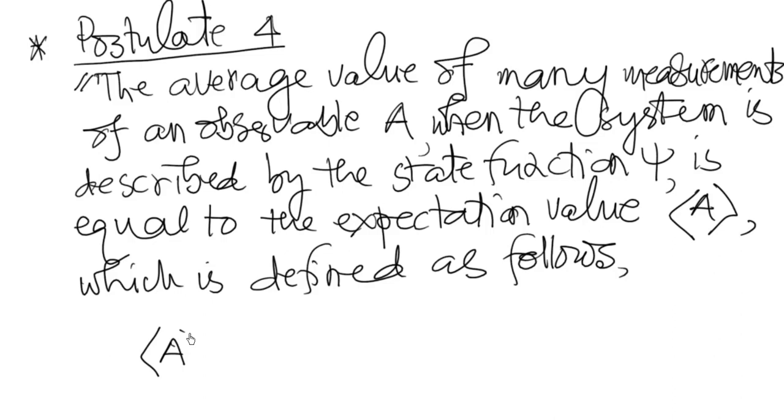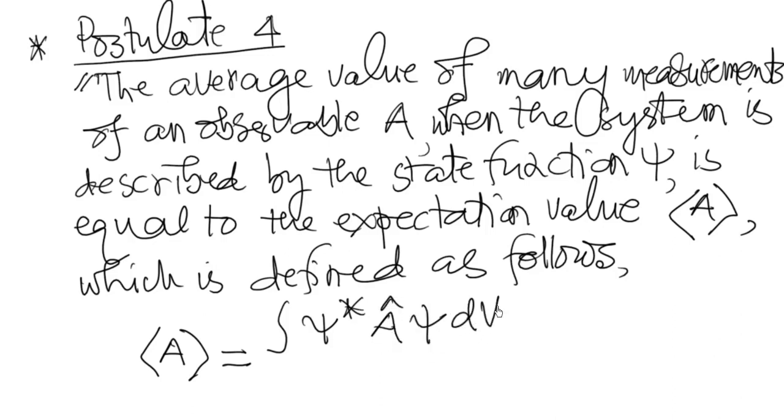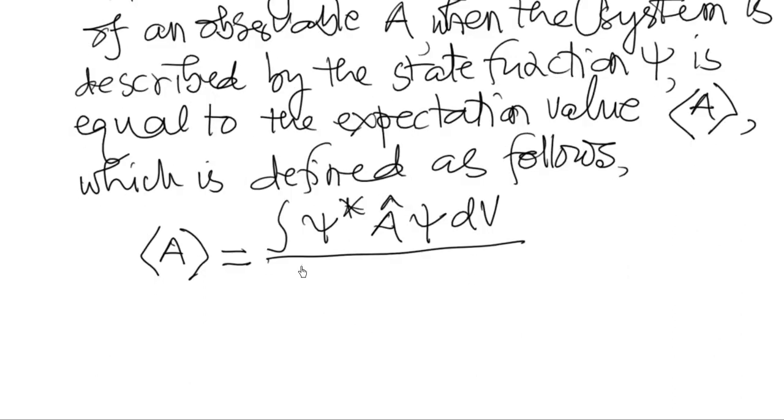The expectation value of A is equal to the integral over psi star, the operator corresponding to A, A hat, psi, and the volume element, divided by the integral over psi star psi dV.